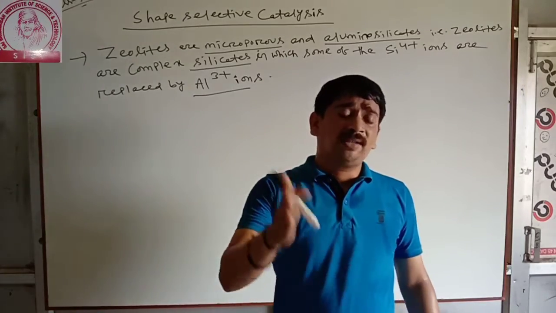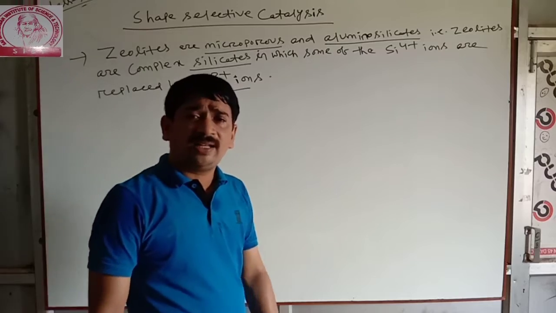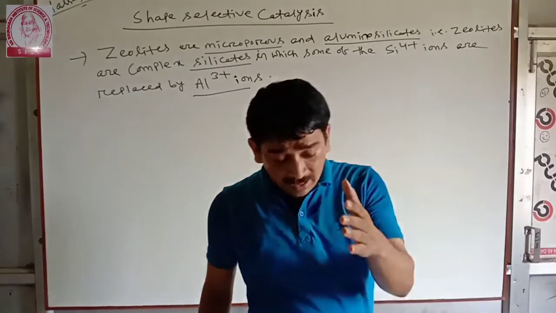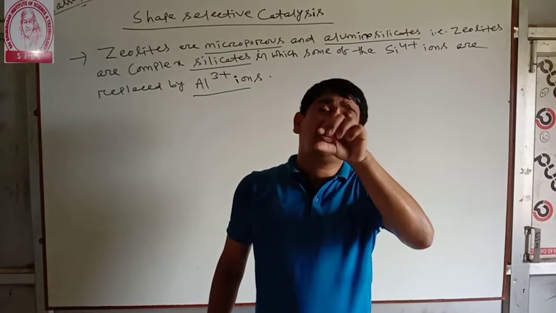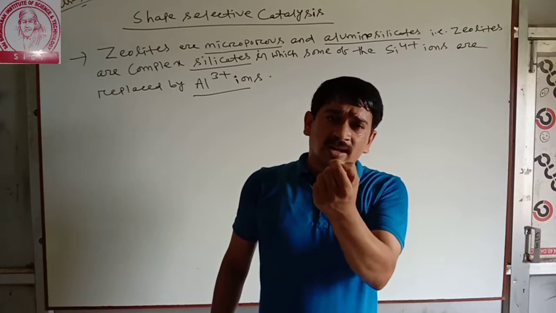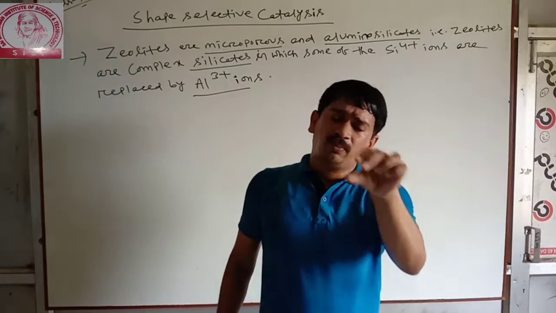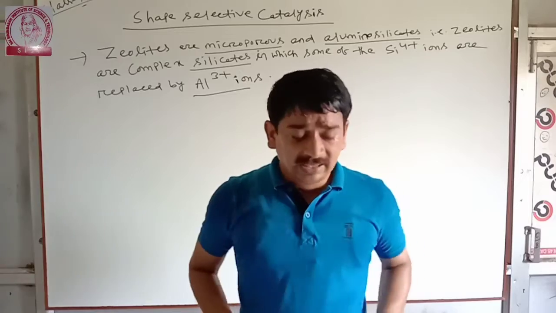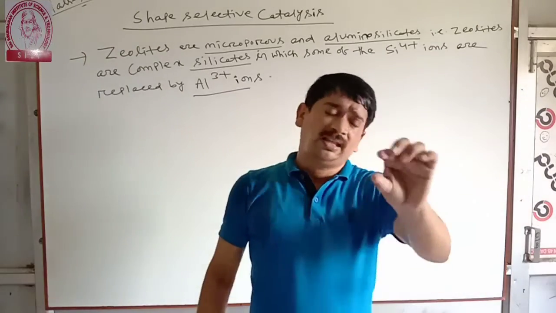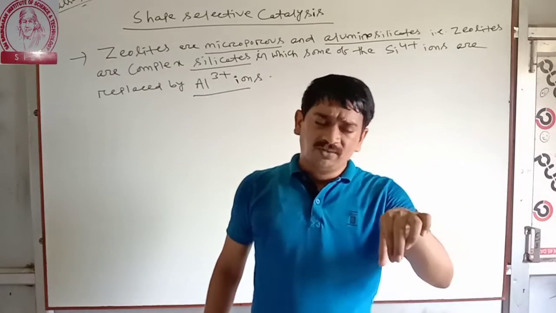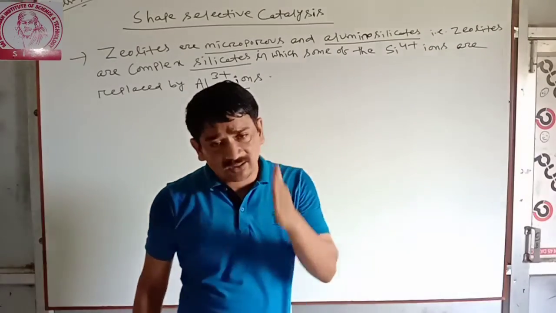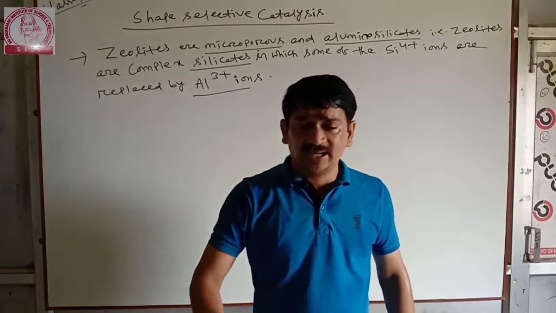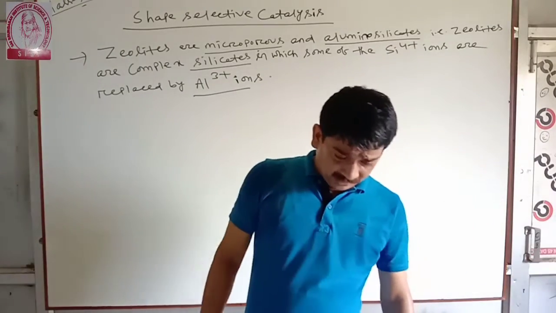The catalytic reaction which depends upon the pore structure of the catalyst and the size of the reactant and product molecules is called shape-selective catalysis. Pore structure means very small fine holes present in the catalyst. First write the definition, and then write the example: cracking or isomerization of hydrocarbons in the presence of zeolite is an example of shape-selective catalysis.